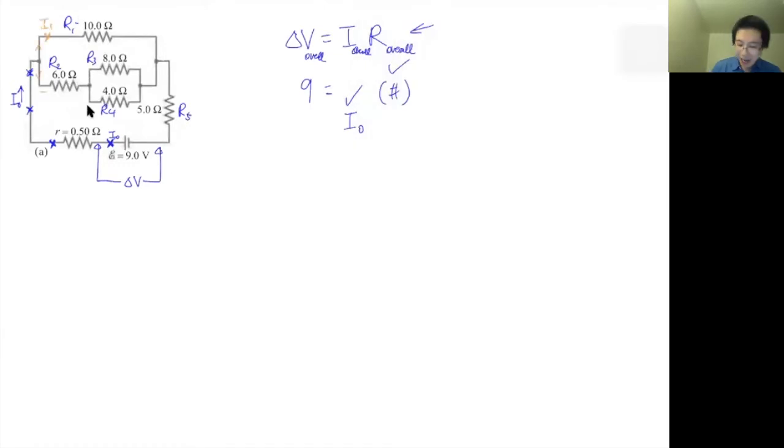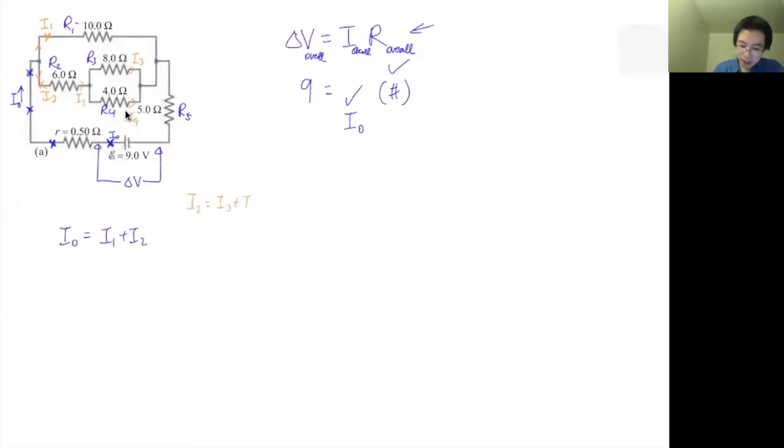Then we have a simple relation: I overall equals I1 plus I2. So they get split up this way. Every time it splits up, you will have a different current. Here, let's call it I3 and I4. This is I2, so I2 equals I3 plus I4.